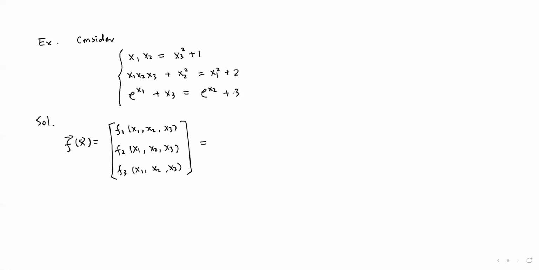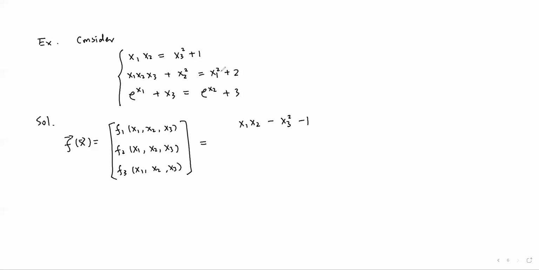Let's move all the terms on the right side to the left side. What is F1? F1 is x1, x2, now move these two terms to the left, minus x3 square minus 1.